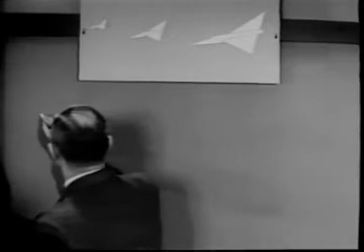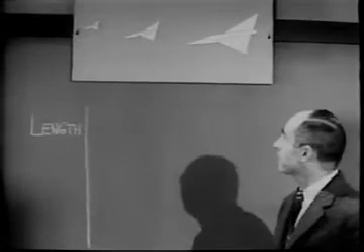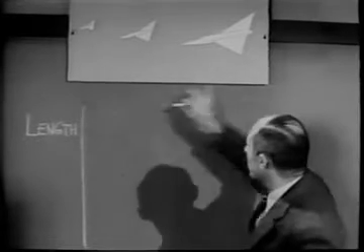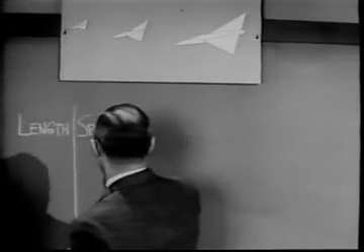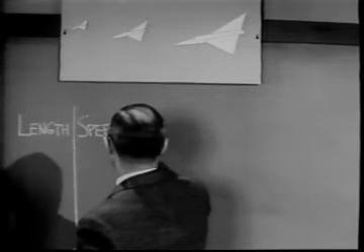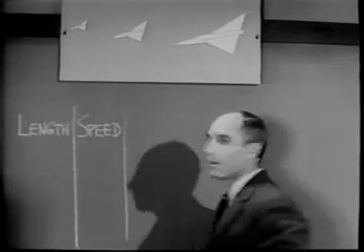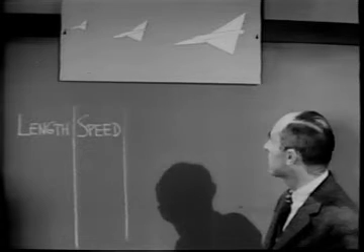In each experiment, we might have a different speed of the flow. And in the different experiments, we might use different fluids. For example, air, water, oil, and so on.